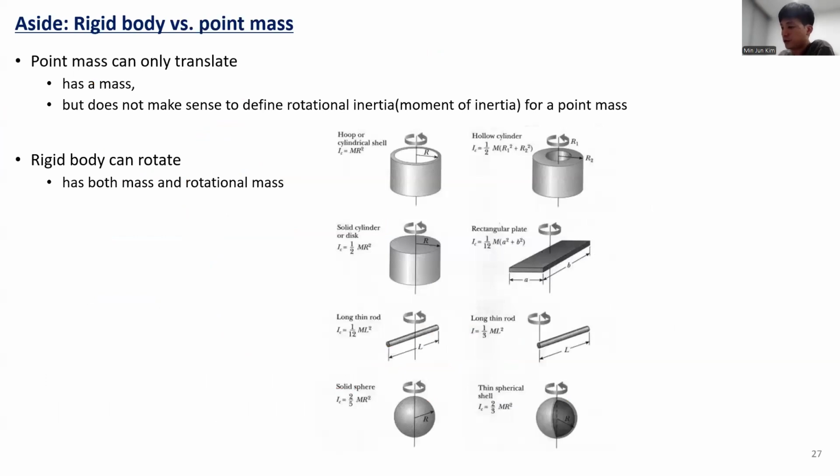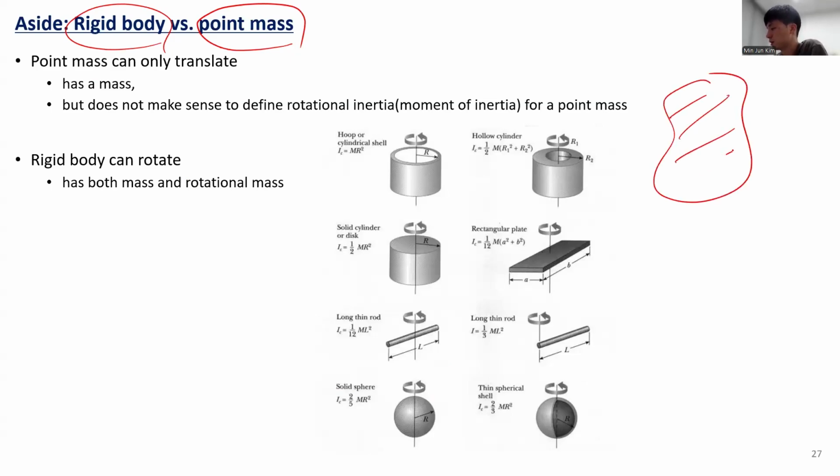By the way, what's the difference between a rigid body and a point mass? A rigid body is really a body, something like this, and a point mass is this one, right? Basically, a point mass can only translate.